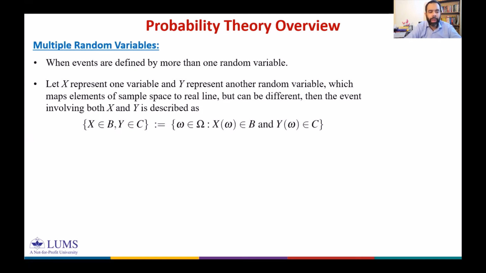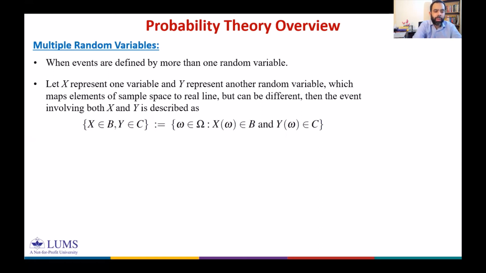Okay, multiple random variables. When events are defined by more than one random variable. Say we have x represent one variable and y represent another random variable. And x maps elements of a sample space to a real line, and y also maps elements of a sample space to a real line. But this mapping can be different.